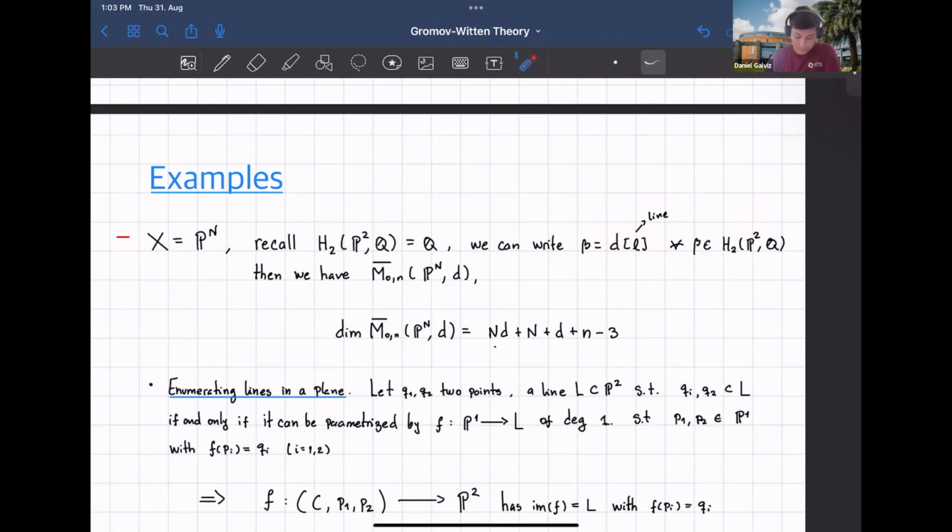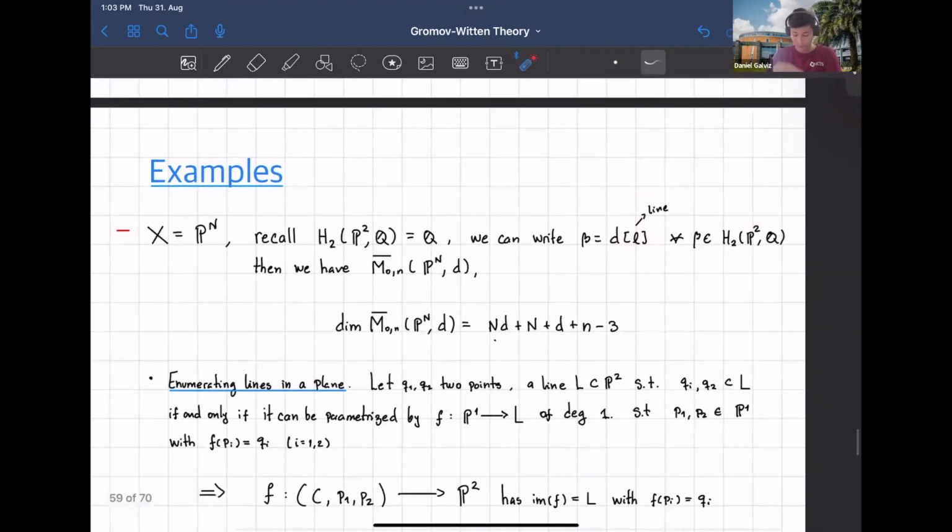Then we will have this moduli space. Look, now I'm doing the moduli space of stable maps, considering this as X and this as beta.